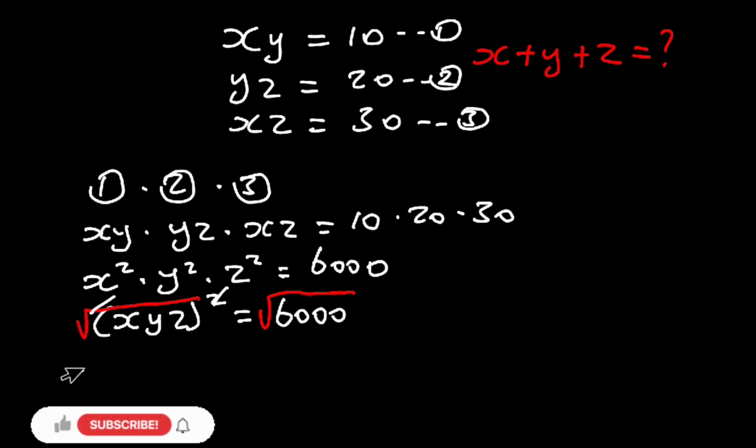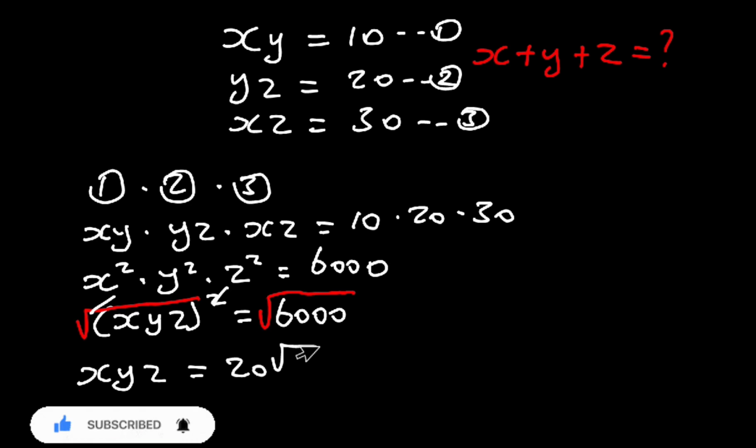We'll be left with xyz, and this is equal to the square root of 6000, which is 20 root 15. So having gotten the value of xyz as 20 root 15, how do we get the value of x, the value of y, and the value of z?